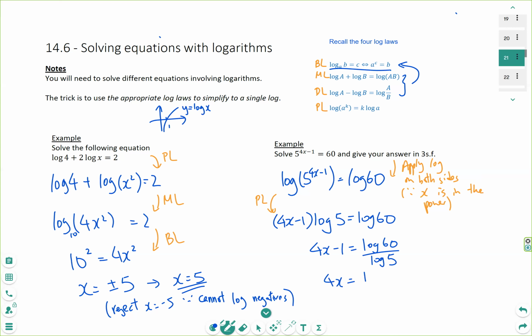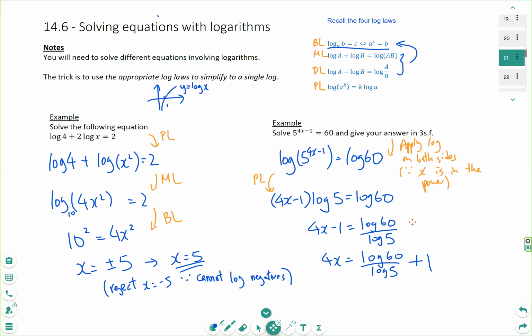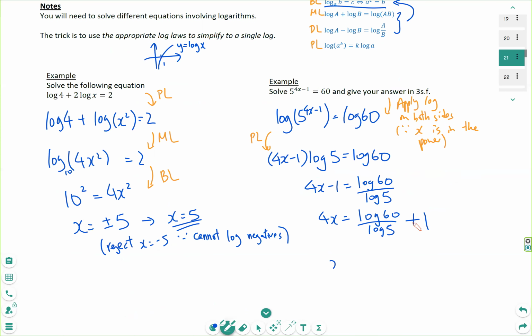So 4x equals log 60 over log 5 plus 1, and then divide by 4. So x equals log 60 over log 5 plus 1, all divided by 4.